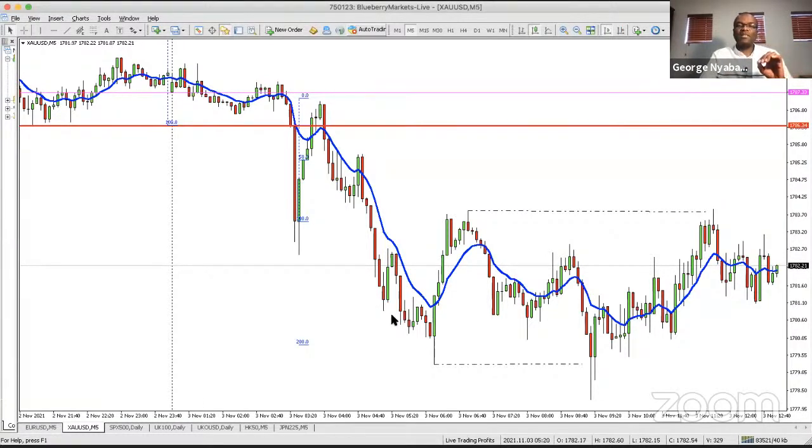And the moment that take profit is triggered, you then go back to your stop loss, and you tighten your loss. I would then tighten my loss to the height of this candle, or to a 50% pullback. Okay, so that's where the entry is.